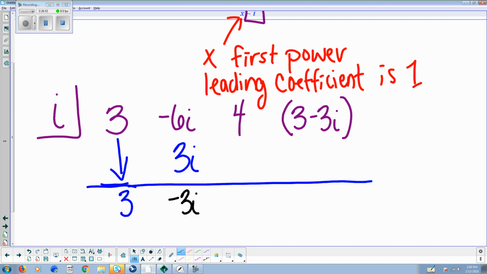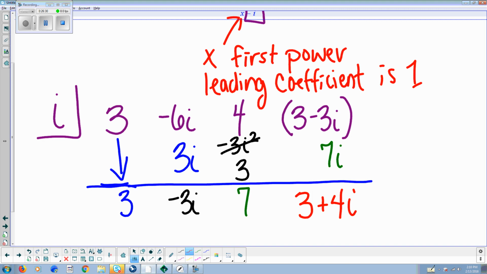Then I'm going to multiply by the multiplier. i times negative 3i is negative 3i squared. i squared is equal to negative 1, so this becomes positive 3. Add down. 4 plus 3 is 7. Multiply again. i times 7 is 7i. Add down. 3 plus 4i is what that simplifies to be.